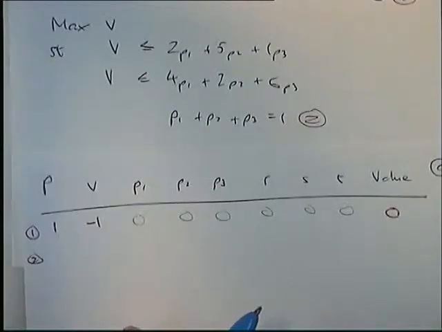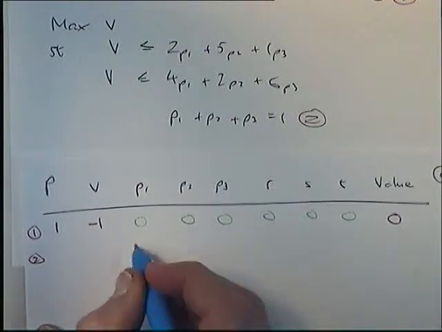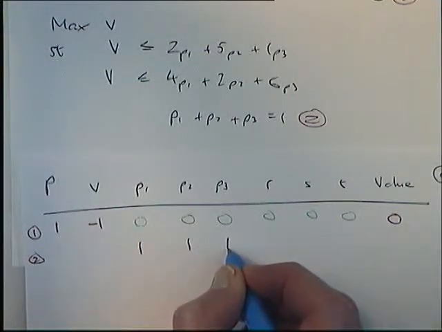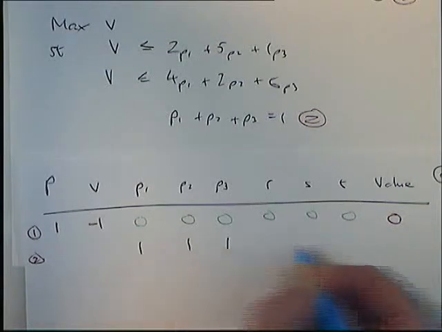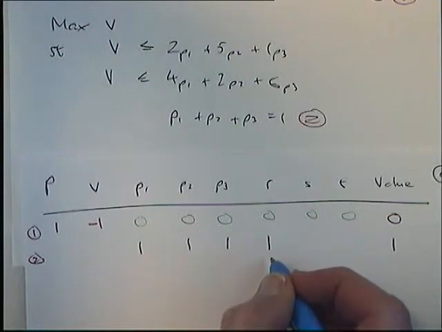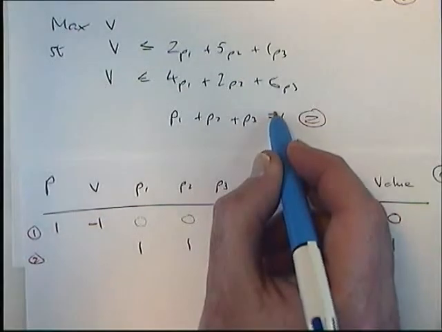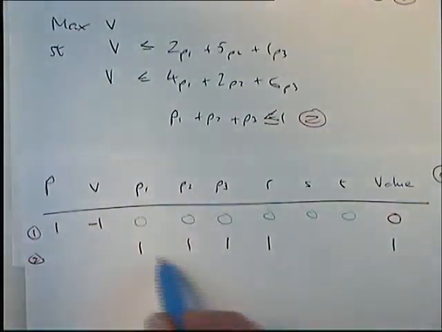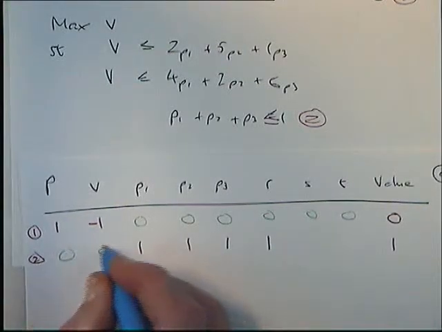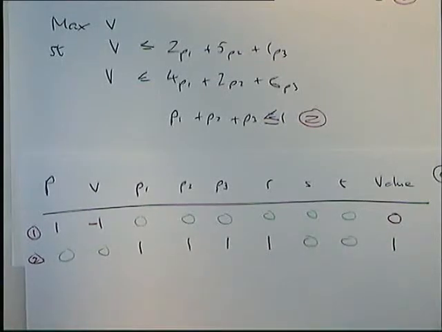In this equality constraint, I have 1p1 plus 1p2 plus 1p3 equals 1. Except your book also adds in a slack variable there for that one. They treat it as a less than or equal to. So they actually have the P, the P, the P, and a slack variable. Everything else on that row they have as zeros.